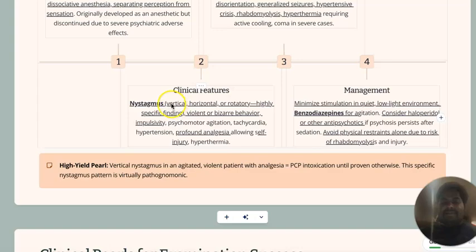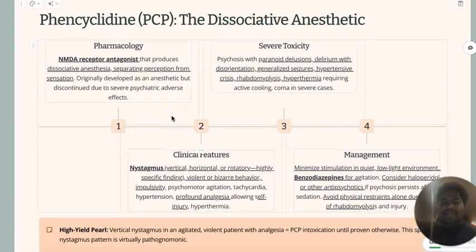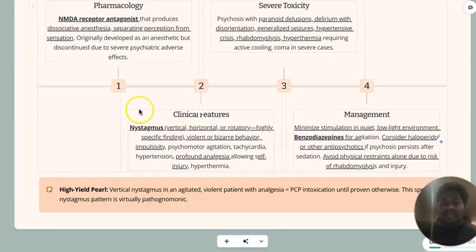Clinical features also, one of the most important hints in examination is that the person taking PCP will have vertical nystagmus. Okay, sometimes horizontal or rotatory too, but the vertical is the key differentiation. So if the person is said to have vertical nystagmus, then always remember PCP. This is a highly specific finding.